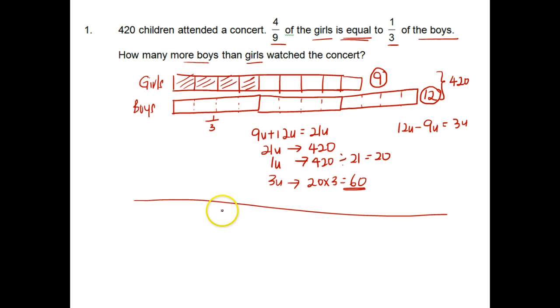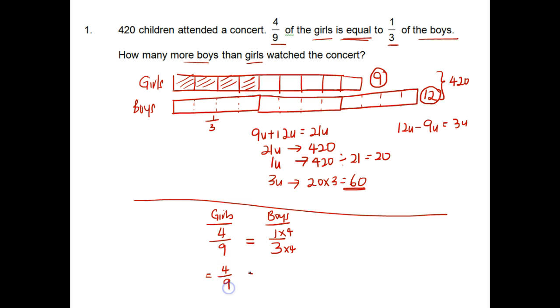Alternatively, we know that 4/9 of girls is equal to 1/3 of boys. So now I make my numerator the same. So now the boys I must times 4.